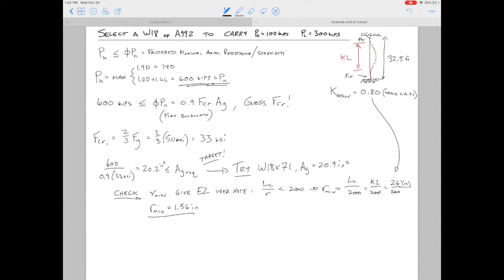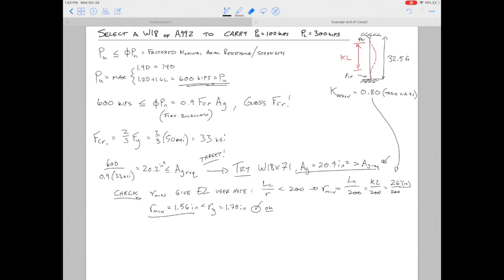Remember, I'm trying this W18 by 71. Ry, the minimum for the 18 by 71, is 1.7. So we're good. That part's okay. This gross area is okay because it's bigger than AG required.